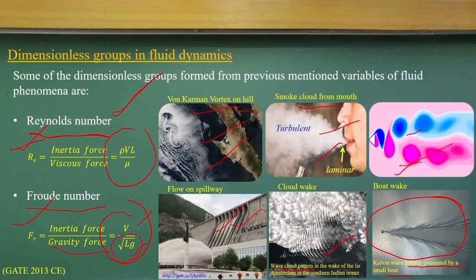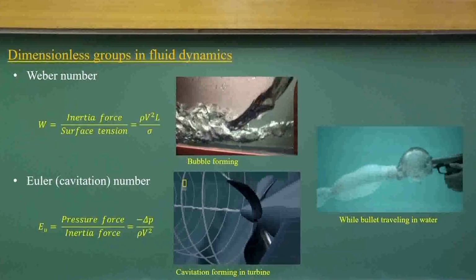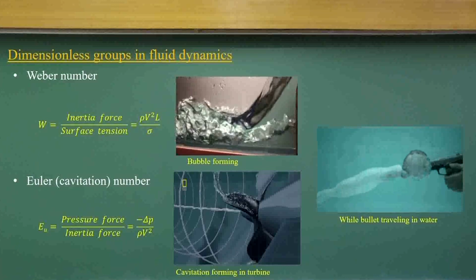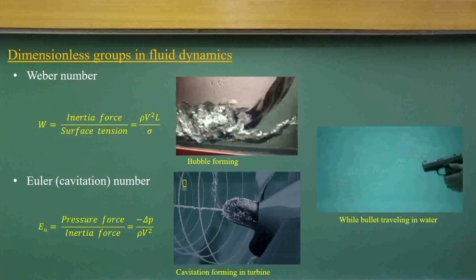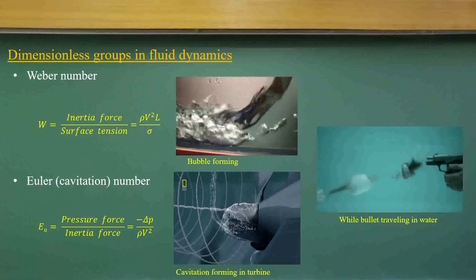In this case, the inertia force and the gravity force. I repeat, please remember these two numbers because these are very common numbers, called the Reynolds number and the flow Froude number.